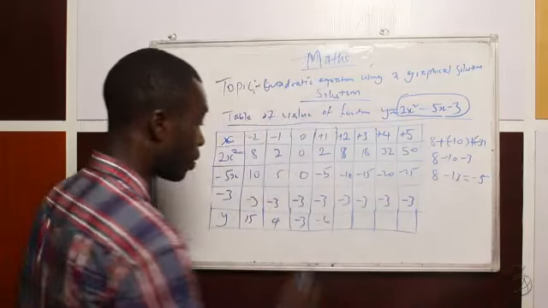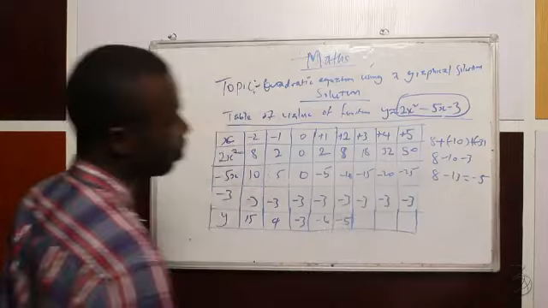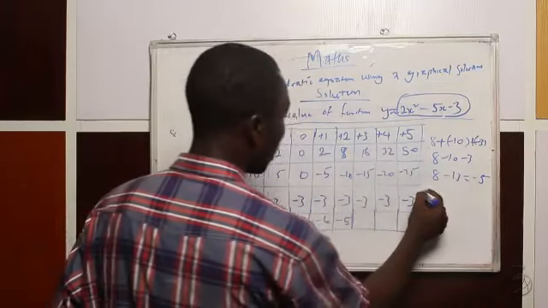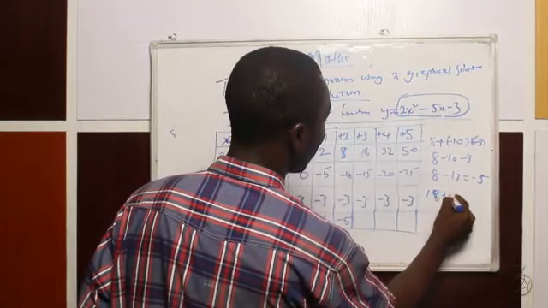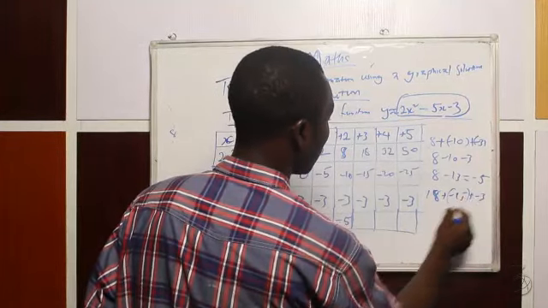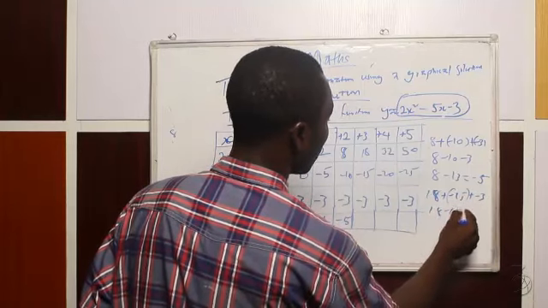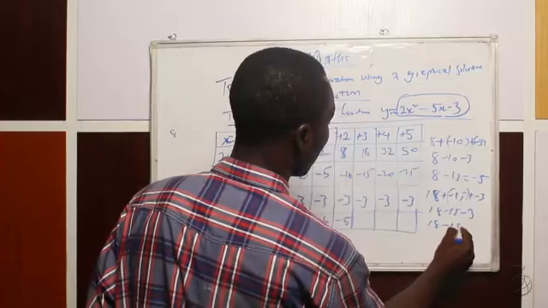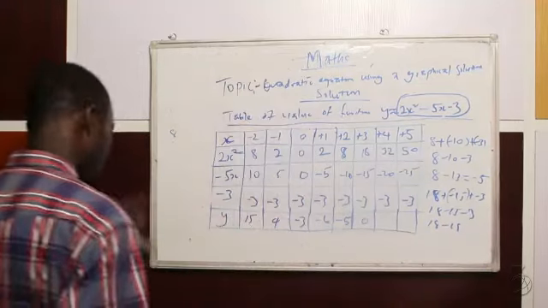That place is minus 5. Now, the next one is 18. 18 plus minus 15 plus minus 3. That's 18 minus 15 minus 3, which is 18 minus 18, which will give us 0.